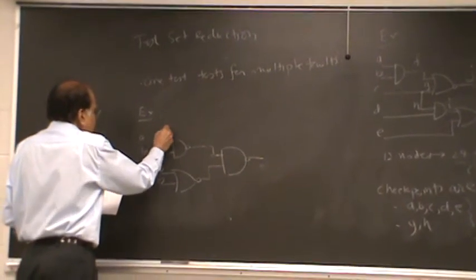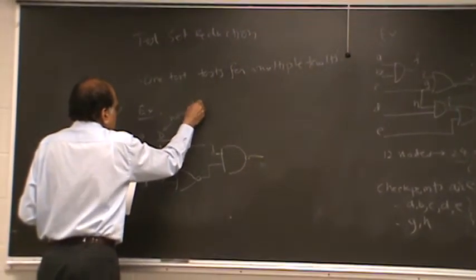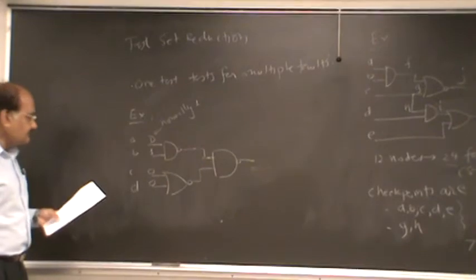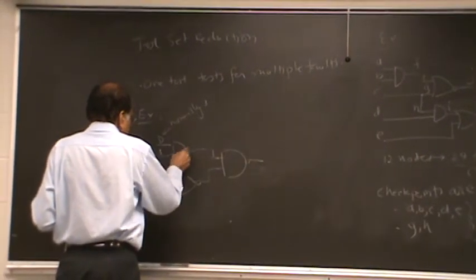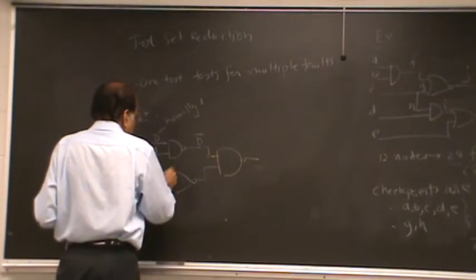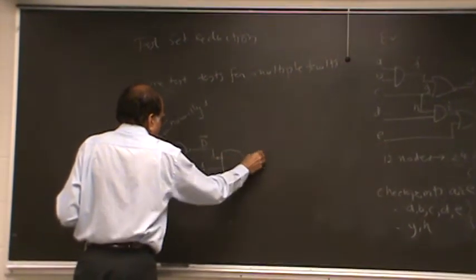And remember, D is normally 1, according to definition. If you have a D here, then here we have a D and here we have a D bar. And a 0, 0, 0, so this is a 1. So here we have a D.